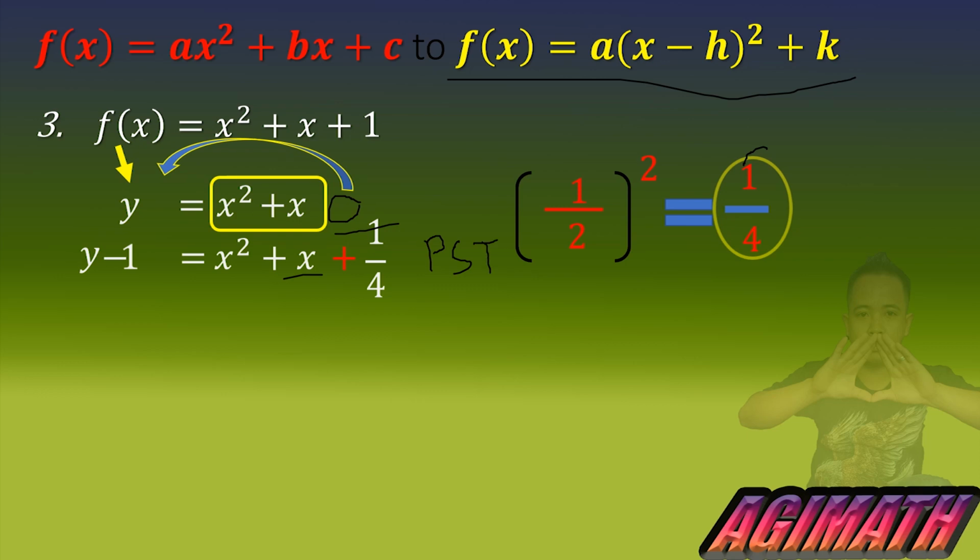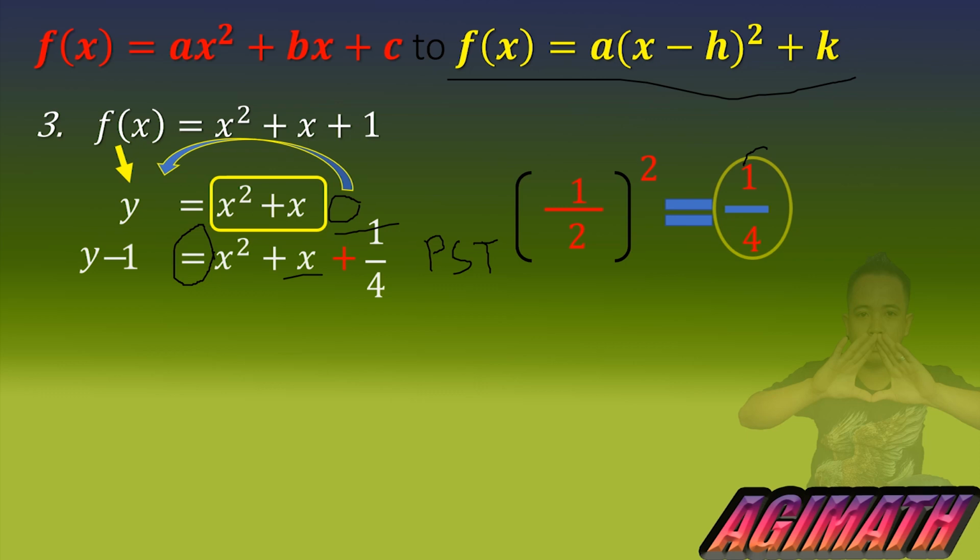PST. And then if you see this sign, that is an equal sign. So just imagine what you did earlier. What I did earlier is I'm adding 1/4. So meaning the sense of equality is now gone because I'm adding 1/4.